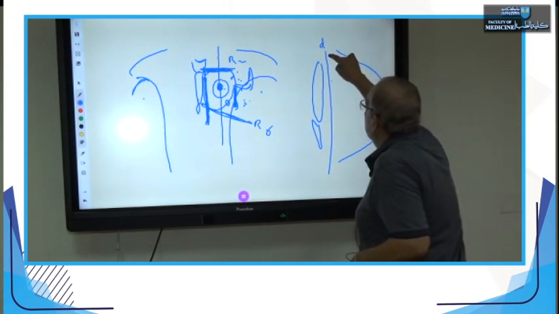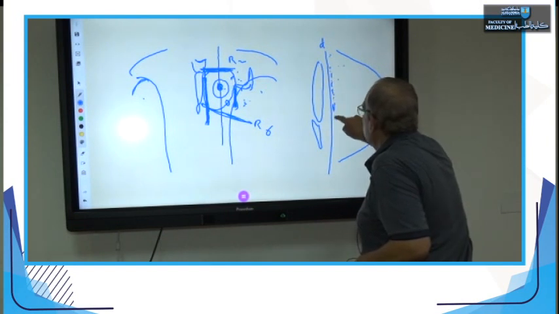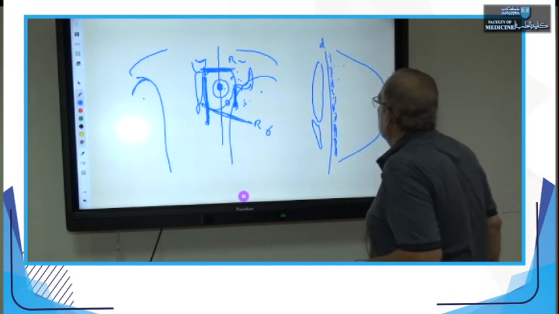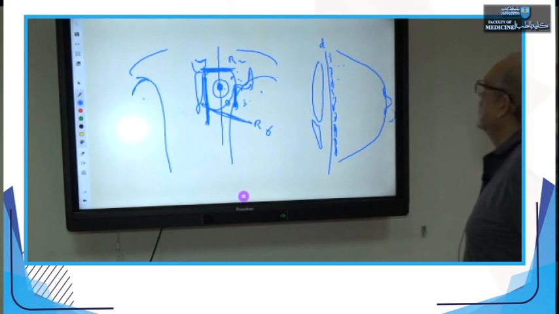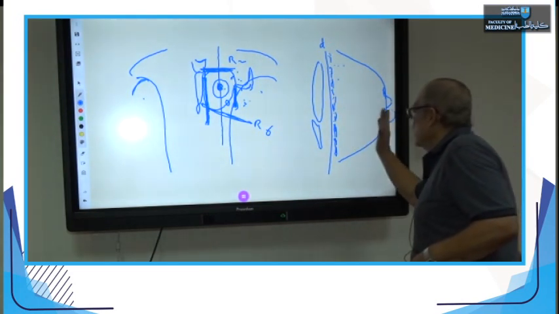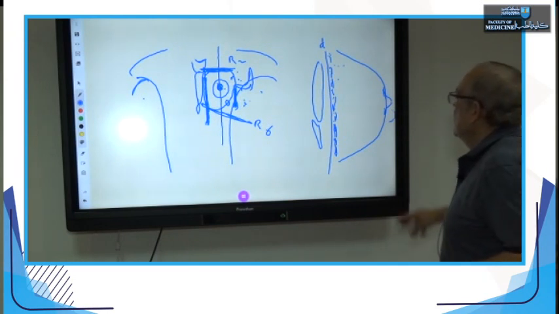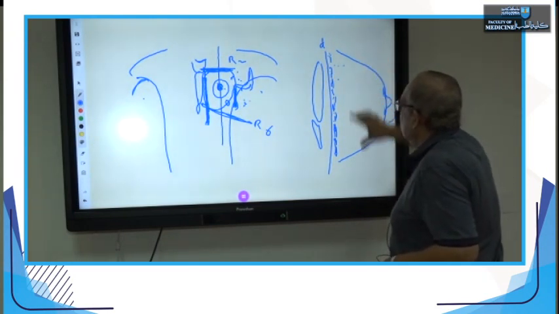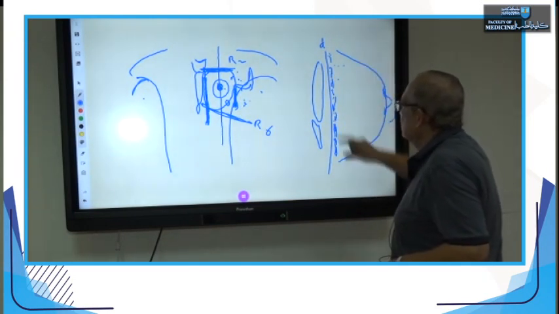Between the breast and the deep fascia, there is loose areolar tissue that forms a space which is called the retromammary space. This space makes the breast easily movable on the deep fascia.